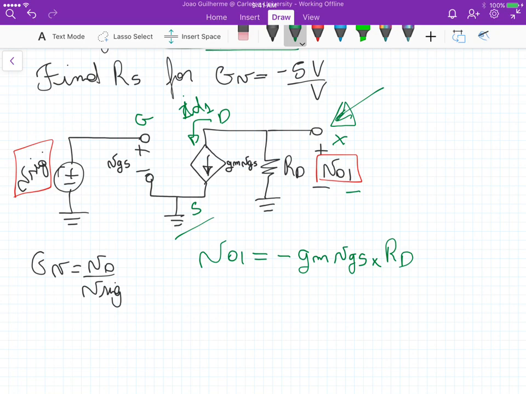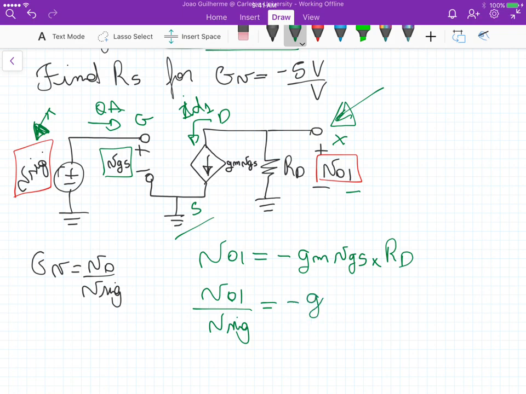So if we take this ratio Vo1 divided by VGS, and we realize actually that VGS here is equal to the input source signal, because there's no current, so this current here is 0 amperes, we get that this ratio is equal to minus gm RD.